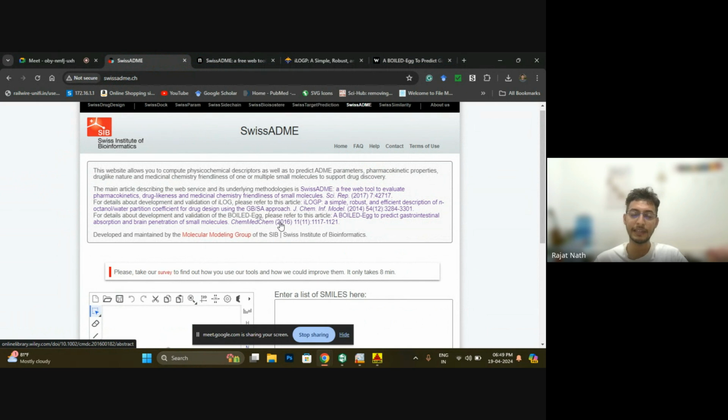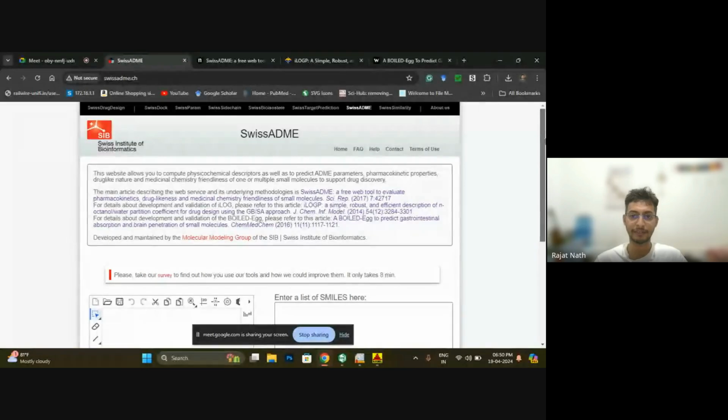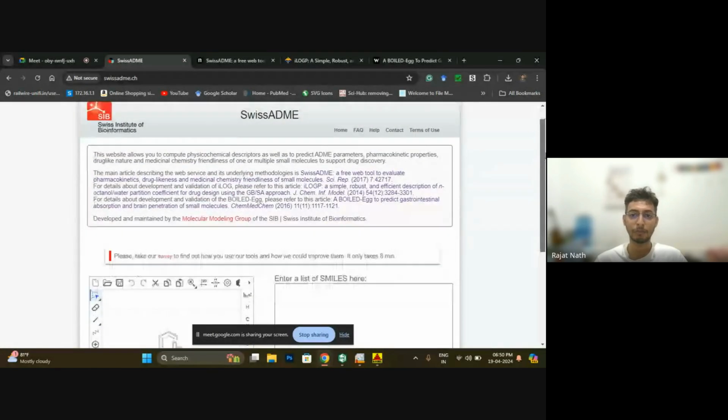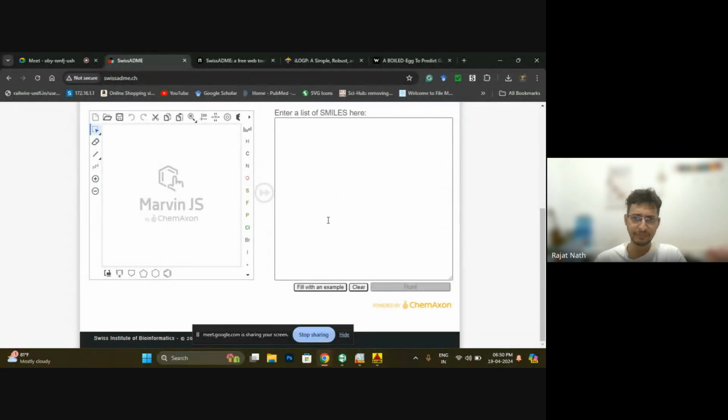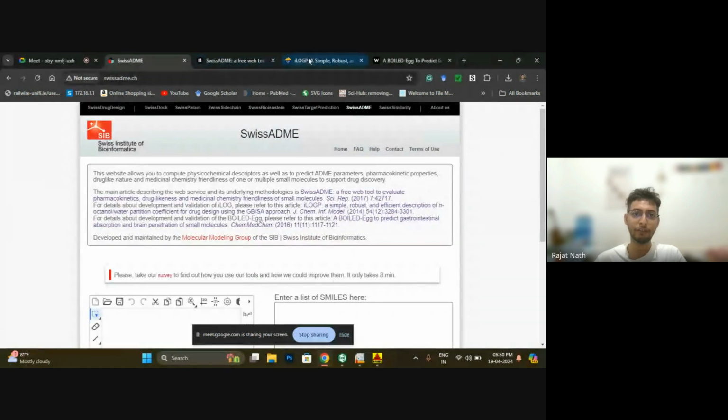What is the meaning of the various parameters? What is the meaning of the scores derived from this server, and what is the range of the score to be a good drug candidate? I recommend you download those three papers and go through them once, so that you can understand this more accurately.